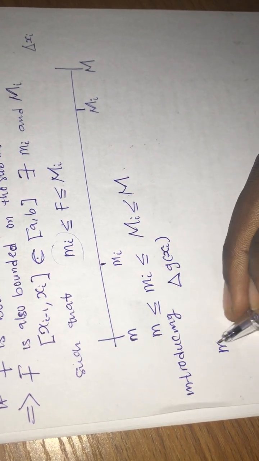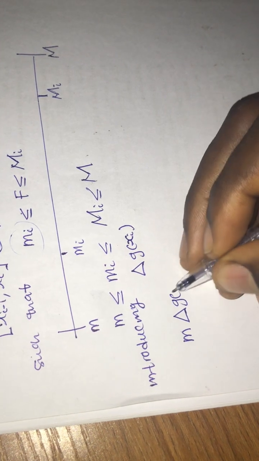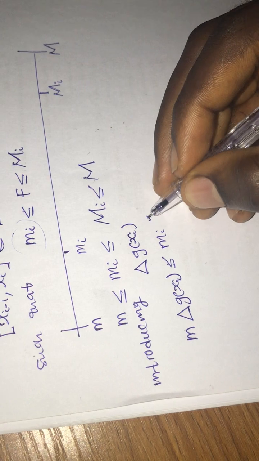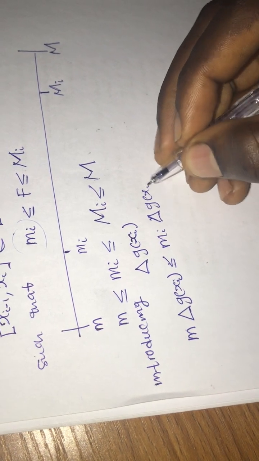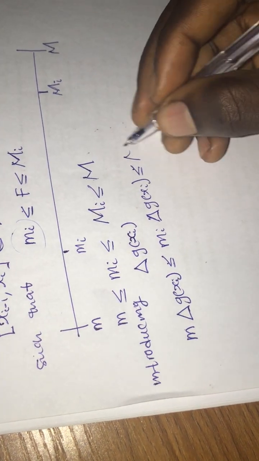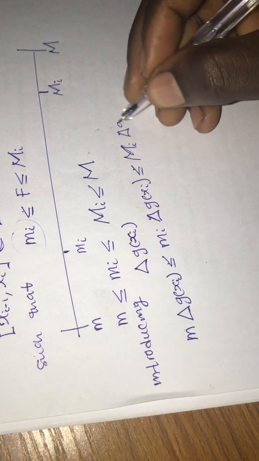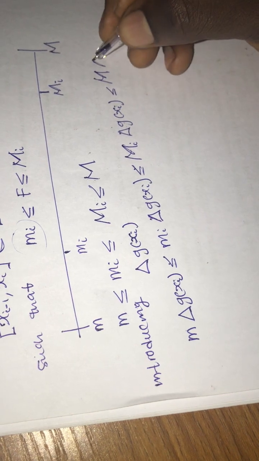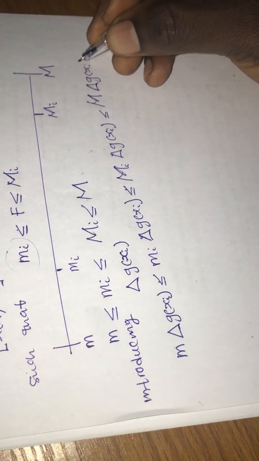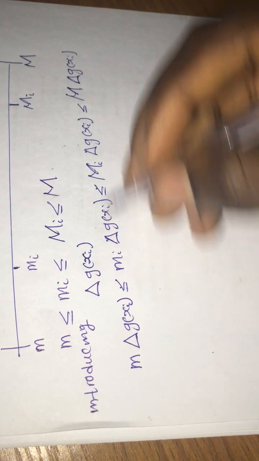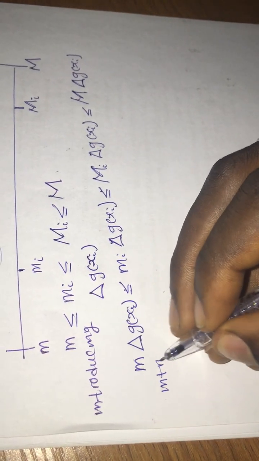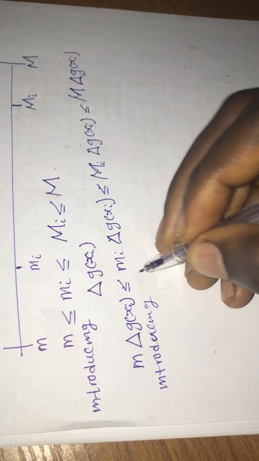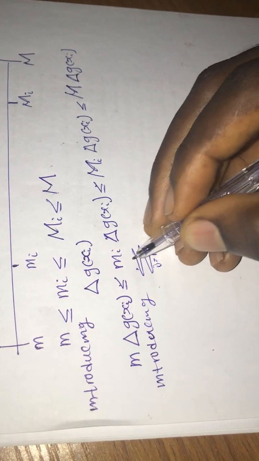So introducing, we have m delta g(x_i) less or equals to m_i delta g(x_i) less or equals to M_i delta g(x_i) less or equals to M delta g(x_i). Now let's also introduce the sum, that is summation i equals 1 to n.